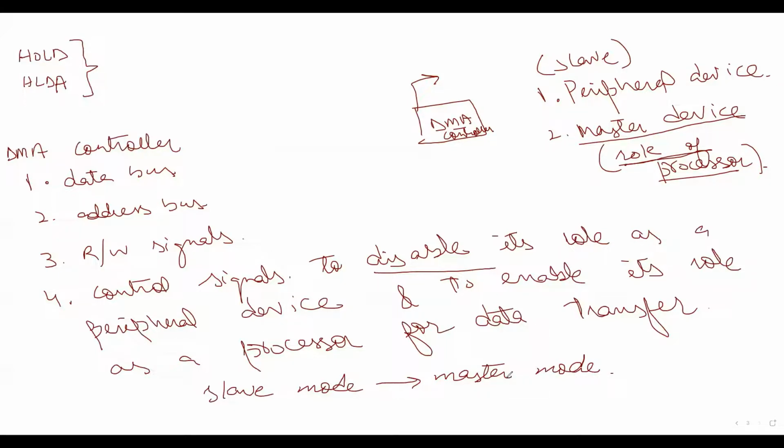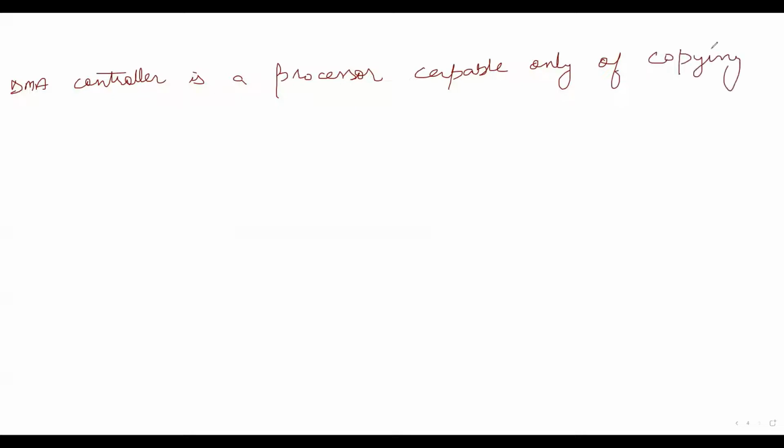Fine. So we can say that the DMA controller is a processor. So let me write it here. DMA controller is a processor capable only of copying data at high speed from one location to another.